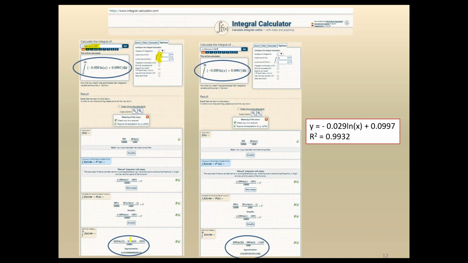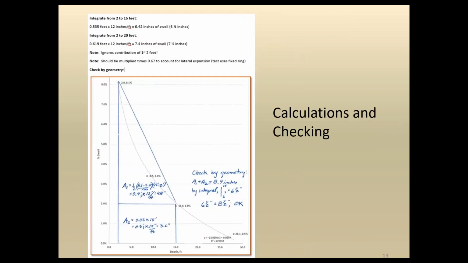What you see at the bottom of the integration sheet is the result of that integration from 2 to 15 feet, a little hard to see, but about 0.53 feet. And here's the number for the integration from 2 to 20 feet.